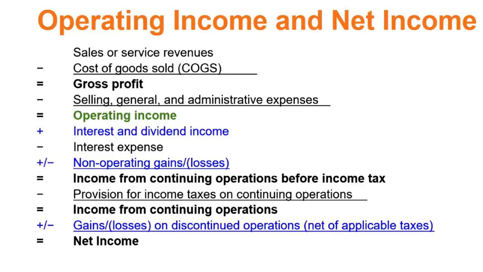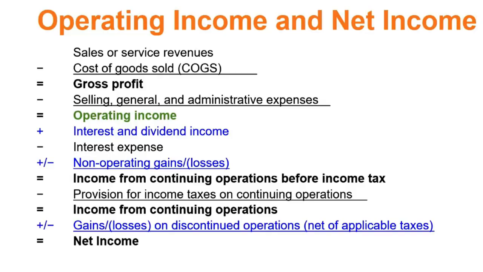If there are no discontinued operations, then income from continuing operations and net income will be the same because it's plus or minus zero. So gross profit, operating income, income from continuing operations, and then net income.